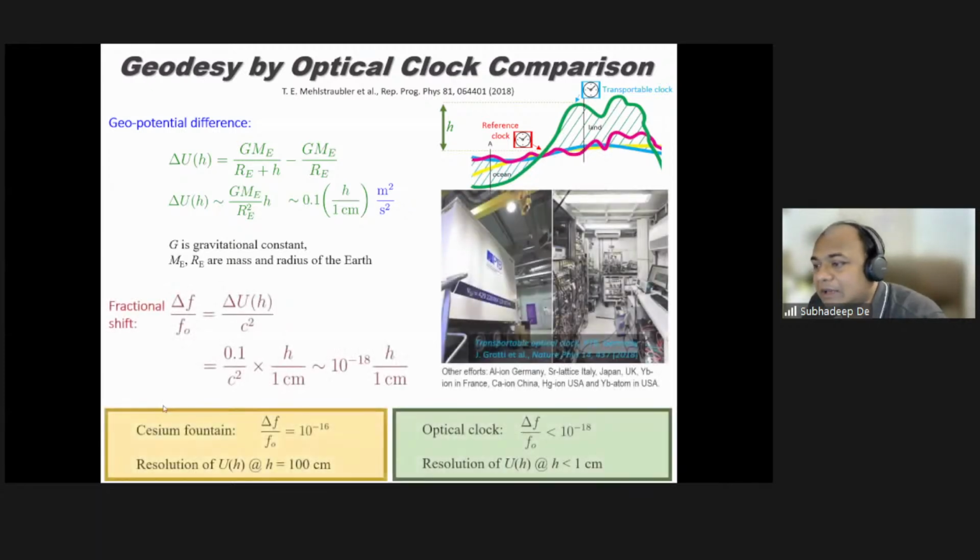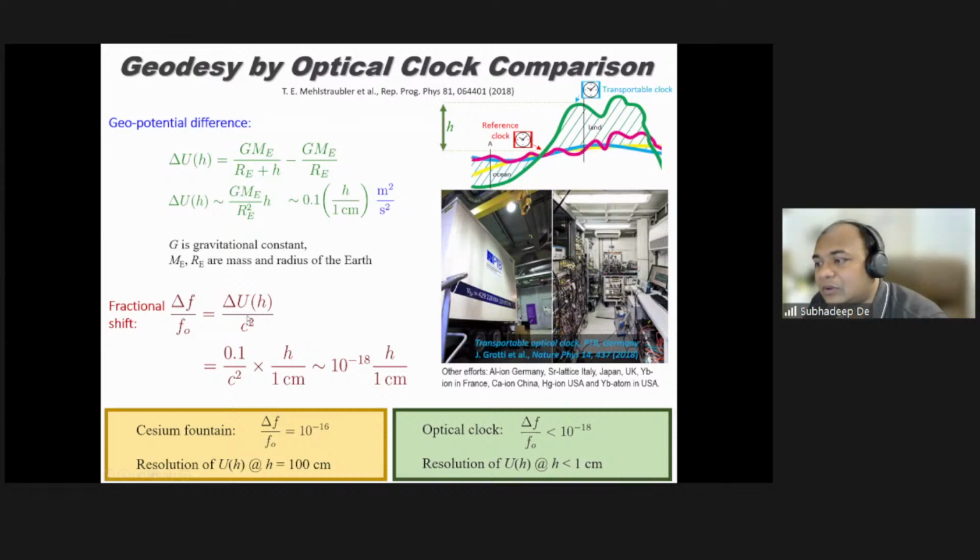Okay, and then we know the fractional accuracy that I introduced in my last lecture. The fractional accuracy of a clock, delta F by F0, also changes as you go above the Earth's surface, the gravitational redshift, and that is basically dependent on this delta U, the change of the gravitational field. So this is how they are connected to each other.